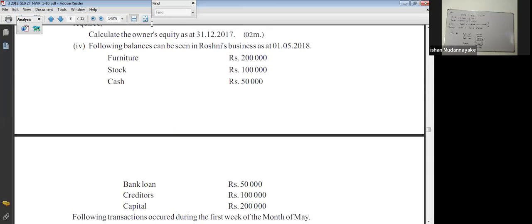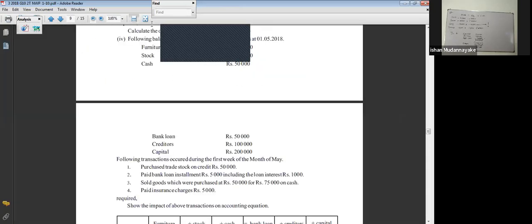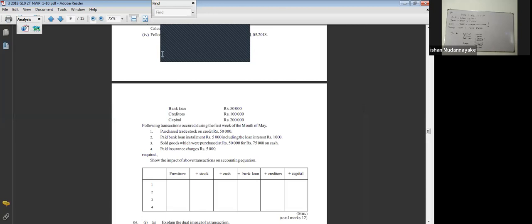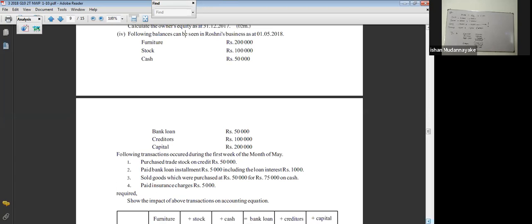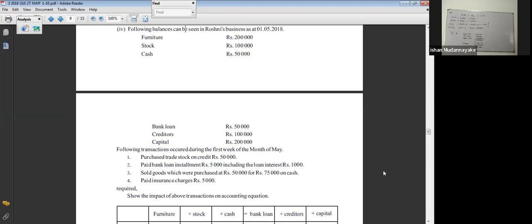Problem number 3 part B okay right. Then, right, problem number 4. Prepare the accounting equation for these transactions.